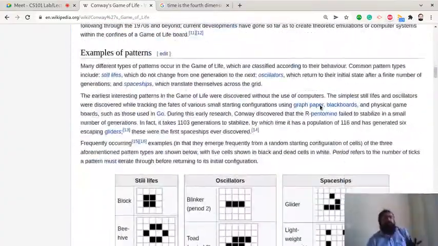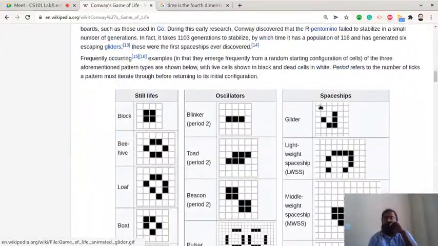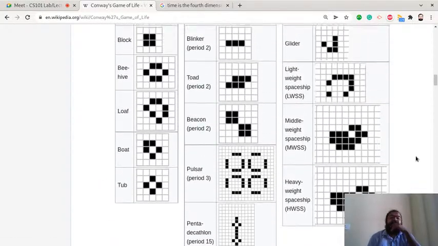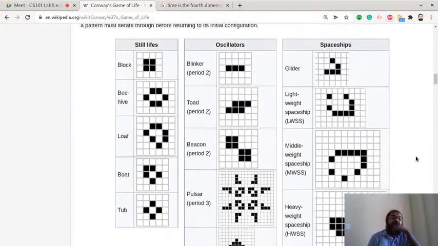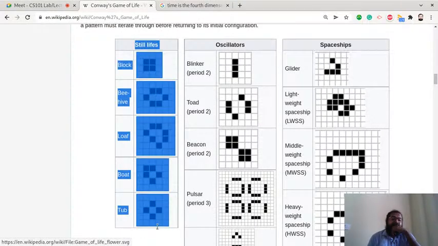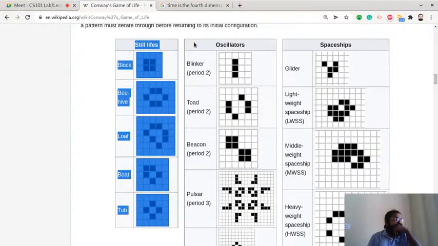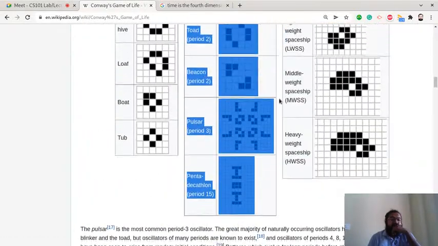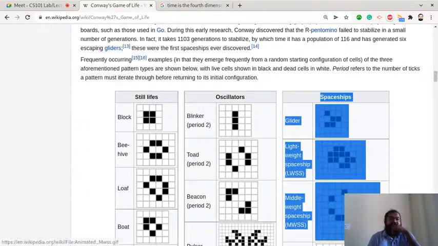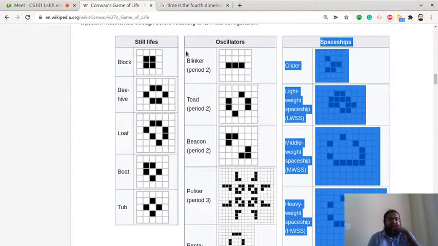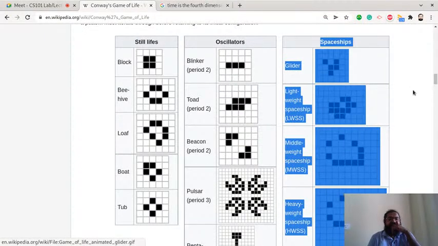Now there are certain patterns that actually form in the game of life. If you look at the game of life, you can see that there are some still life patterns, some oscillator patterns, and some spaceships also. So there are still lives, oscillators and spaceships.